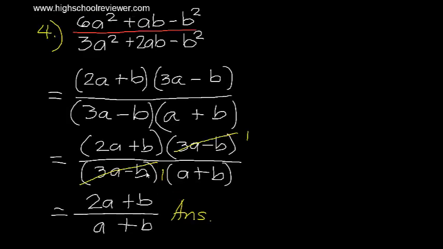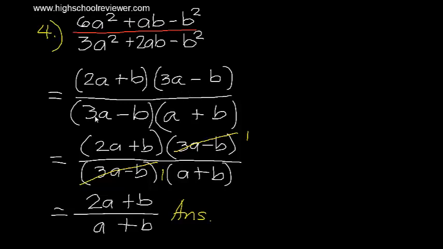Number 4, 6a squared plus ab minus b squared all over 3a squared plus 2ab minus b squared. So the factors of 6a squared plus ab minus b squared will be the quantity of 2a plus b multiplied by the quantity of 3a minus b.